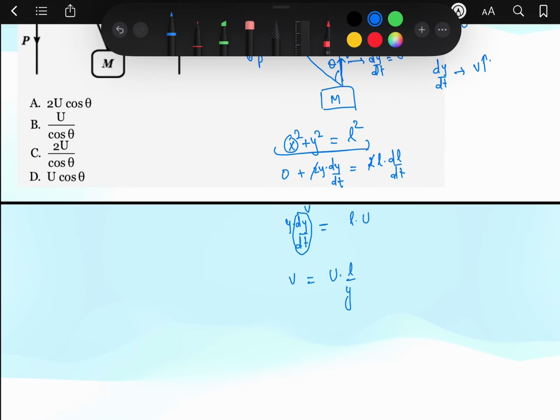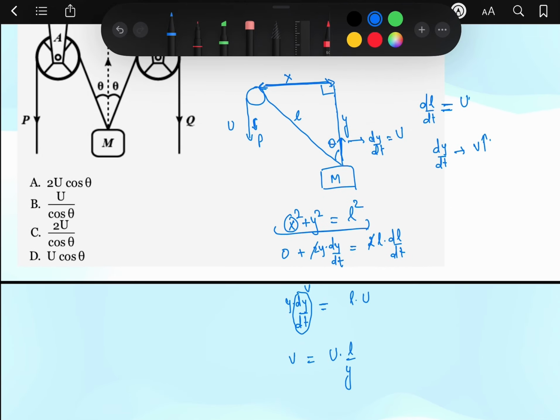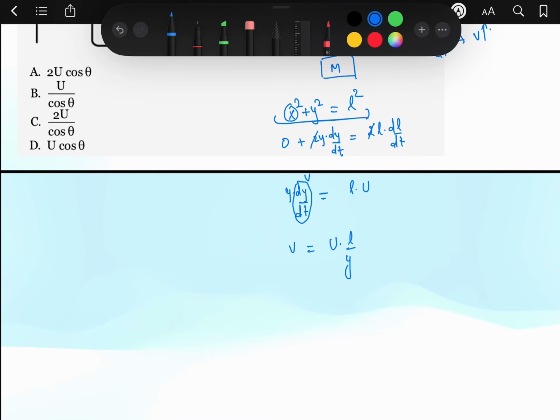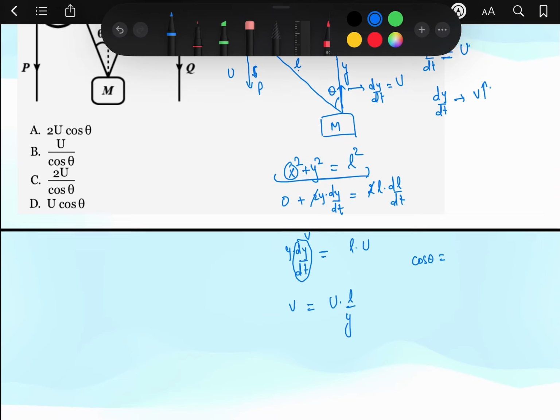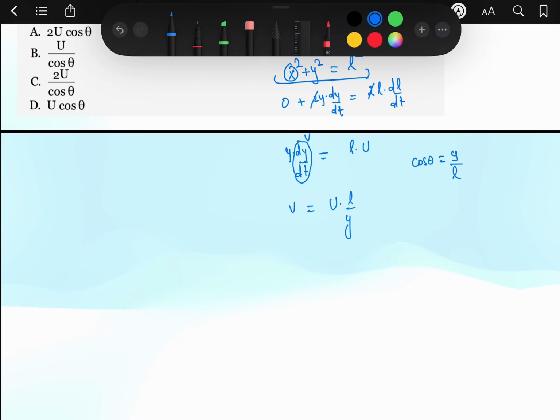In this triangle, cos theta is base by hypotenuse, that is equal to y by L. So from here L by y will be equal to 1 by cos theta.